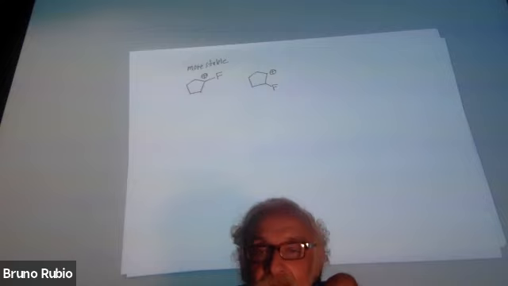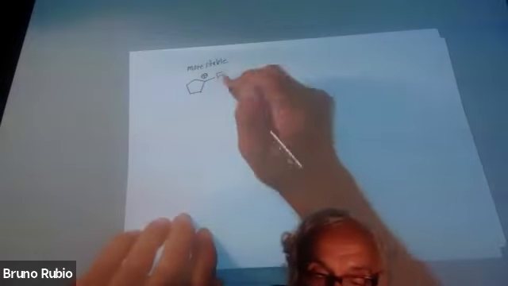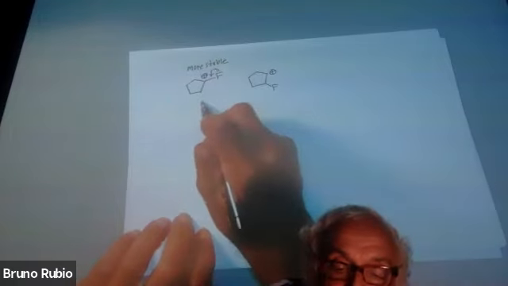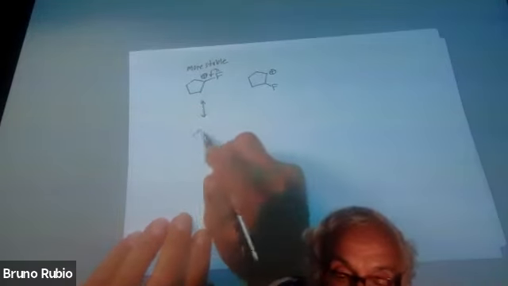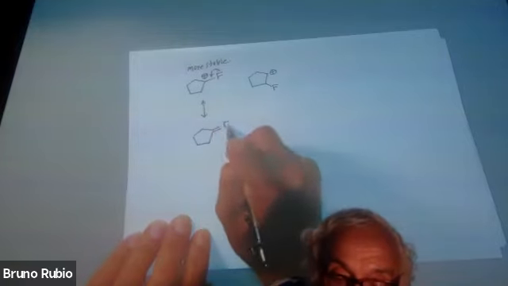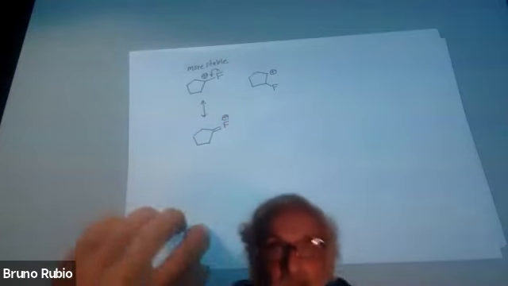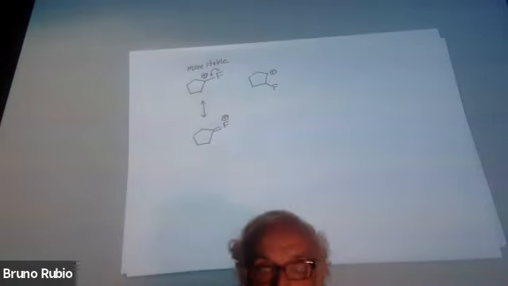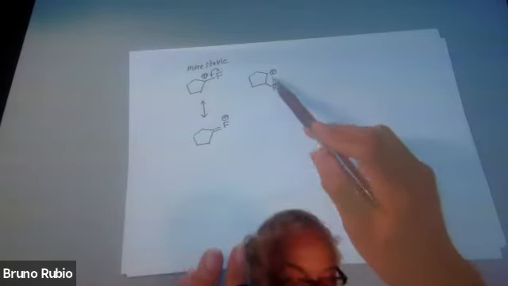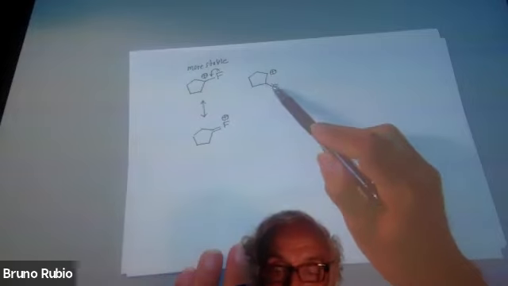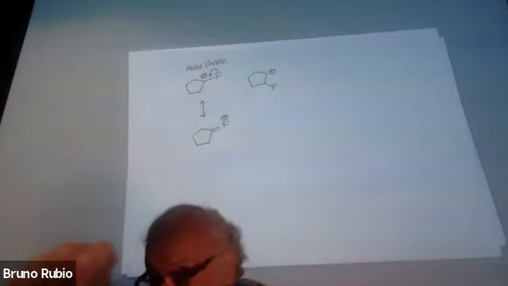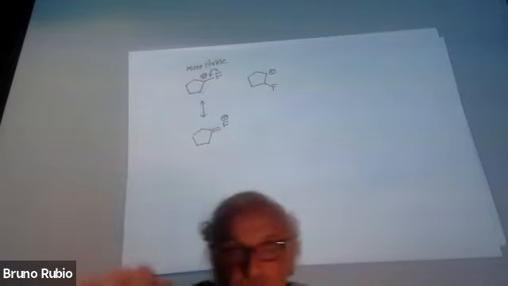Because this guy here is a resonance stabilized carbocation, whereas the other carbocation is not. This fluorine isn't donating any electrons here, so this is not resonance stabilized but this one is. So we can't forget about resonance stabilization.